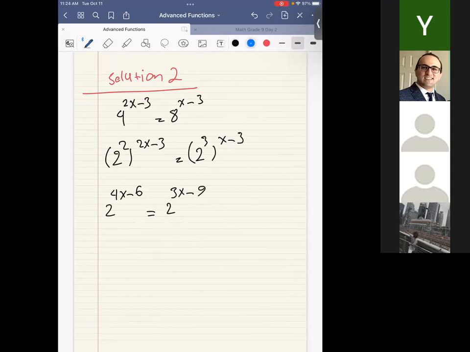And that's it, because 2 to the power 4x minus 6 is equal to 2 to the power 3x minus 9. So the exponents should be equal. So 4x minus 6 is equal to 3x minus 9, and that means x is equal to minus 3.